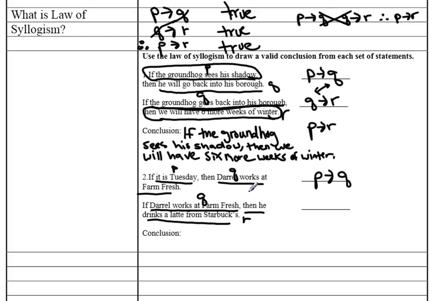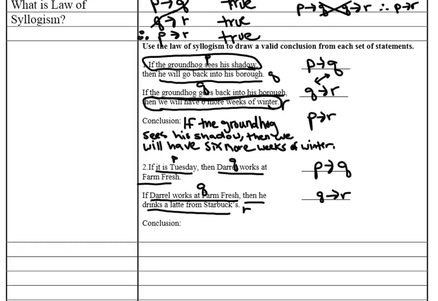That's R. We haven't talked about Daryl drinking a latte from Starbucks, so we call it R. So now, based on the example we just did, I'd like for you to pause the video and write the conclusion based on the law of syllogism. So pause the video and write down your answer.